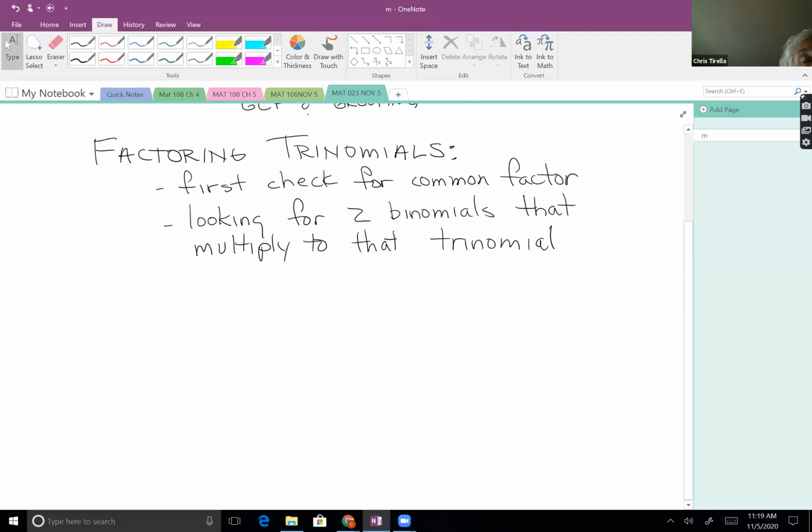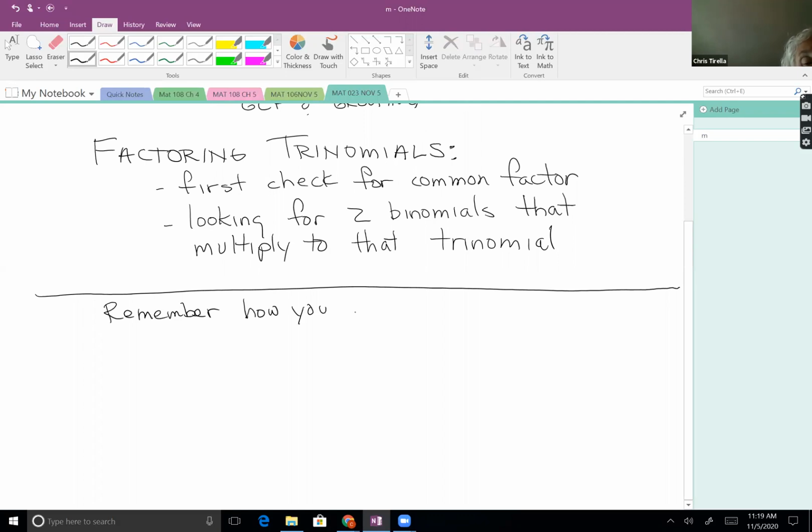Before we go through and look at factoring, I just want everybody to remember how you multiply trinomials.